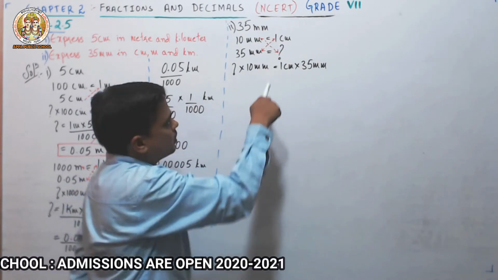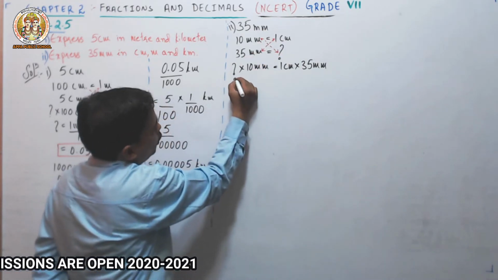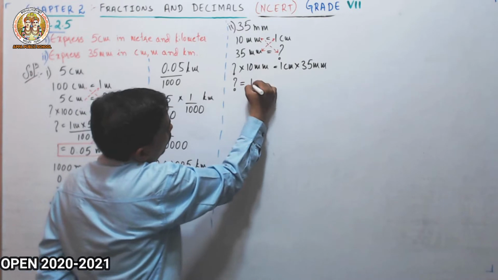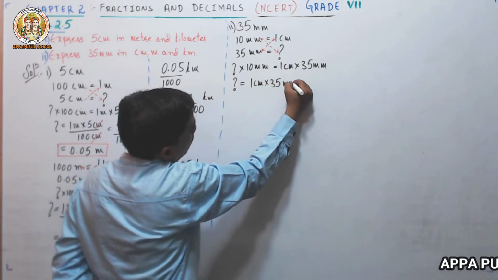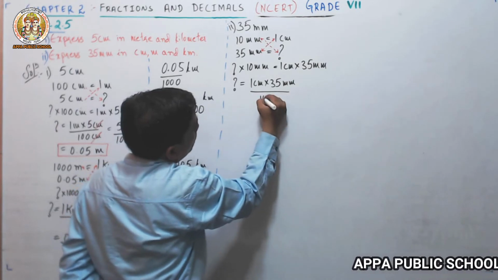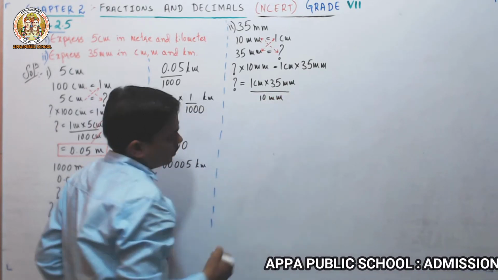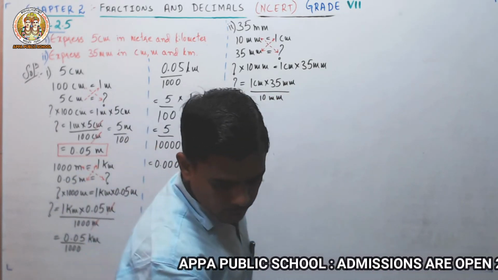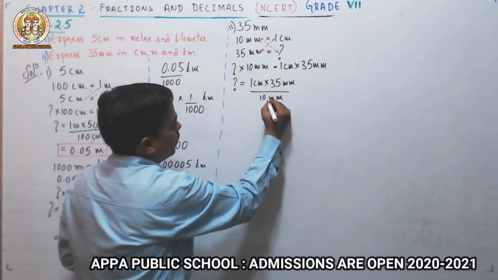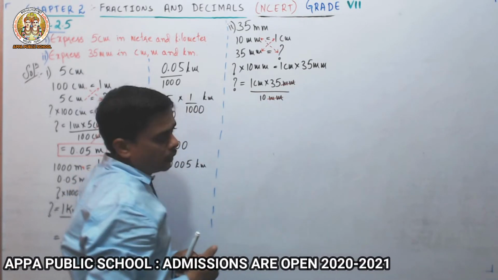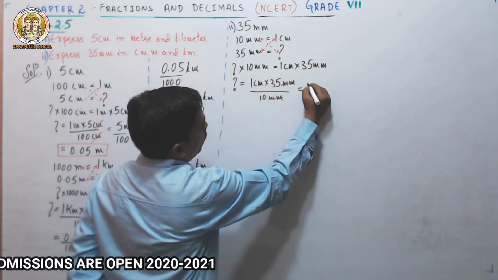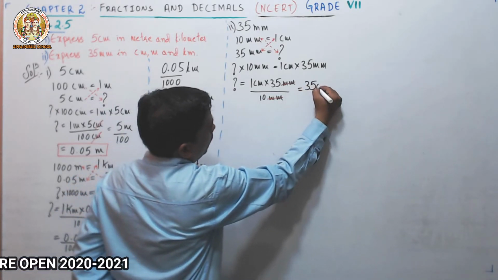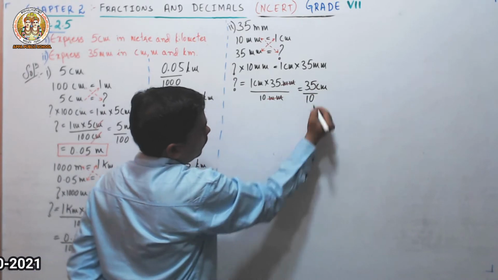LHS to RHS, cross multiplication. So question mark is equal to 1 centimeter into 35 millimeter divided by 10 millimeter. Right? Next, I will cancel the unit millimeter, millimeter. What remains is 35 centimeter divided by 10.